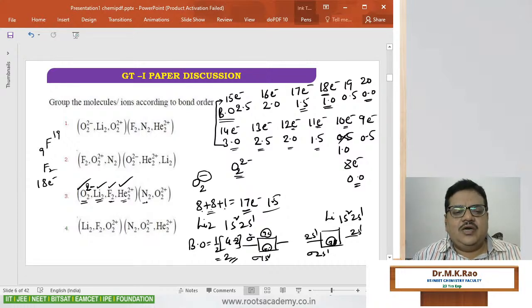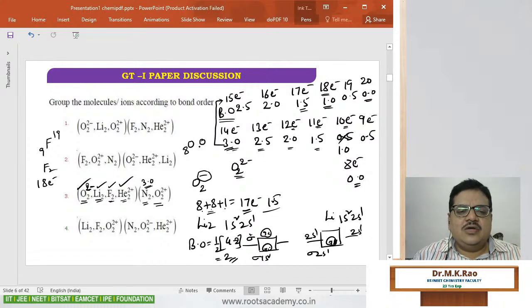Next, here N2 bond order 3.0 because N2 has 14 electrons. O2 2 plus. O2 2 plus means oxygen atomic number 8, another oxygen atomic number 8. 8 plus 8 is 16.